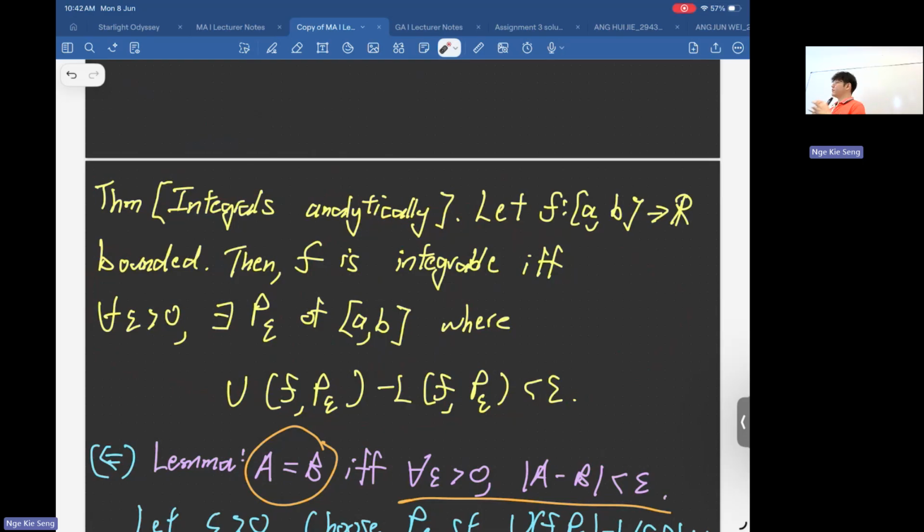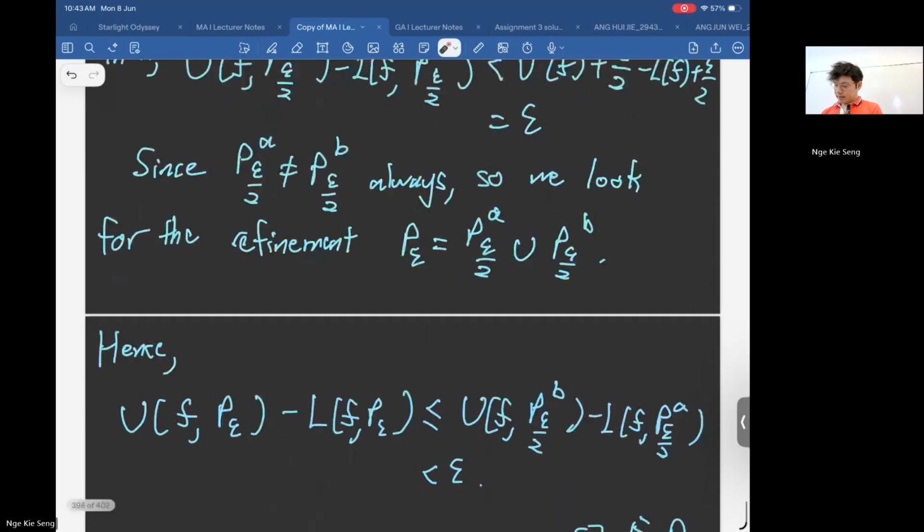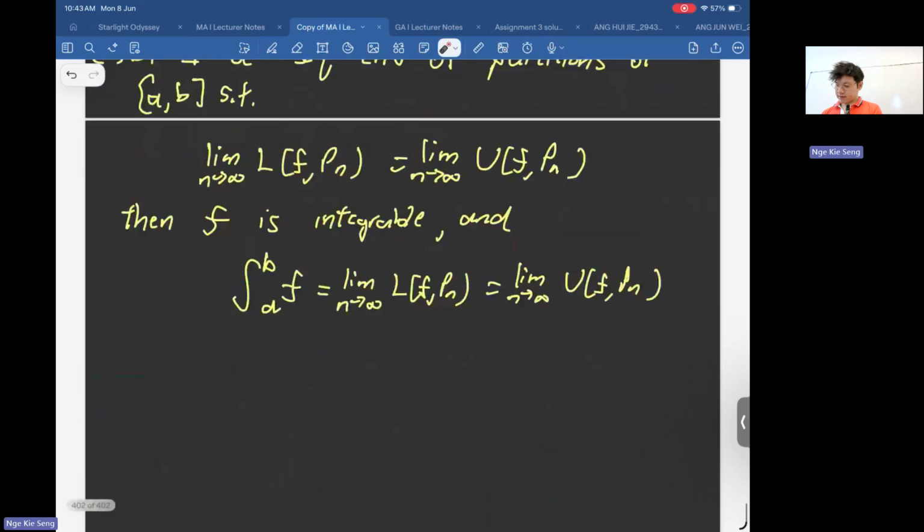So to talk about U(f) equals L(f), we can talk about U(f,P) and L(f,P). So for all epsilon greater than 0, we need to find this P_epsilon. We're going to show it using this theorem here. So what should we do? Okay, let's start.